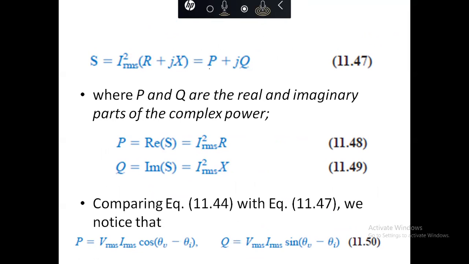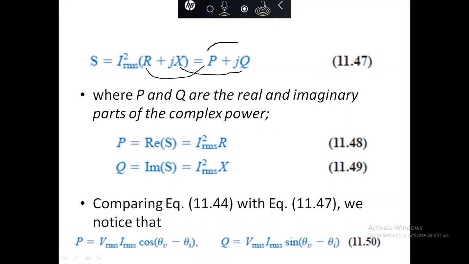We have seen that this real power and the reactive power are in fact drawn from the resistive component and from the reactive component. So those powers are correspondingly calculated from the square of the RMS current with the resistive component and the reactive component, and we got these two powers.